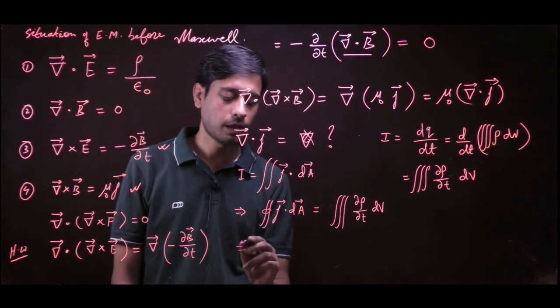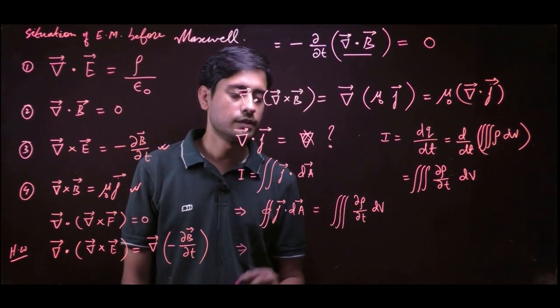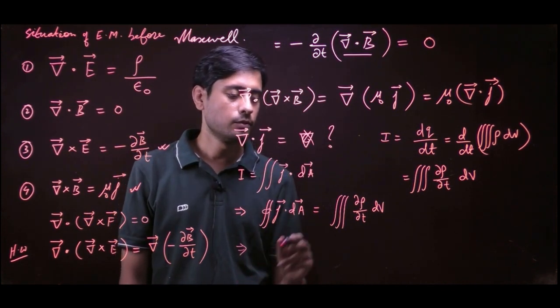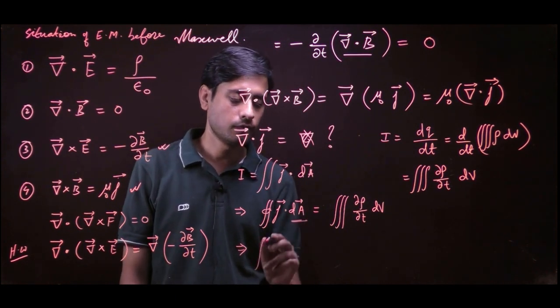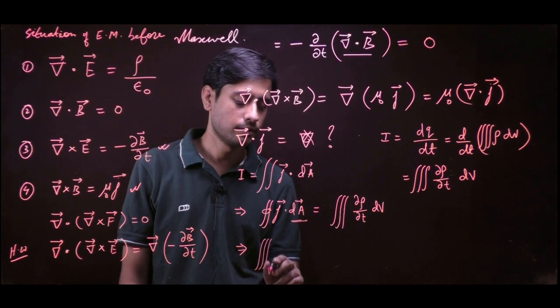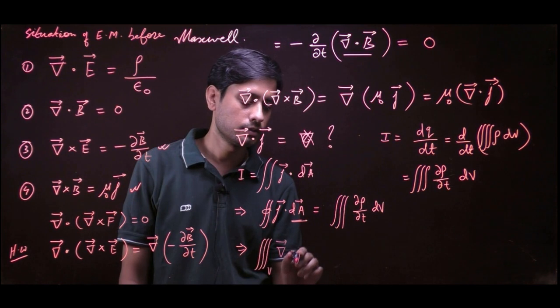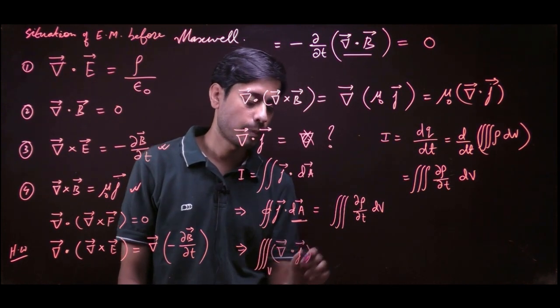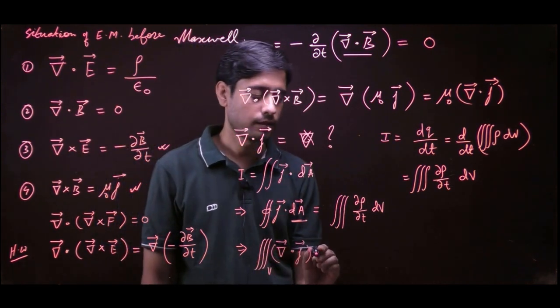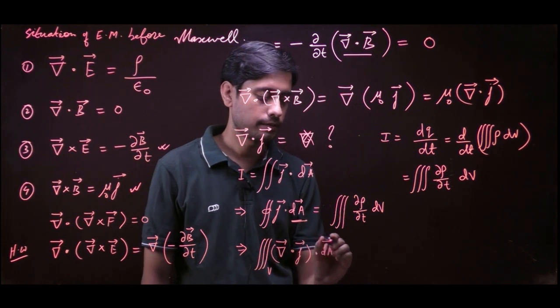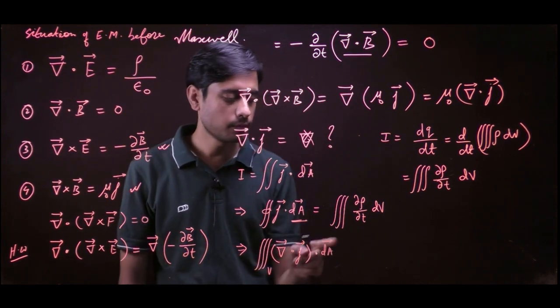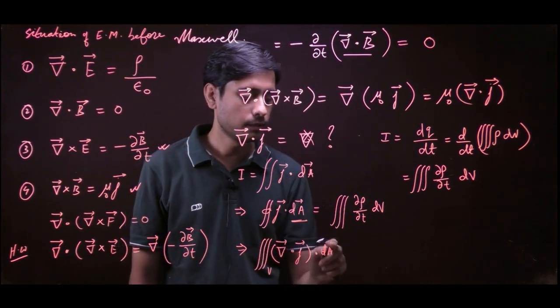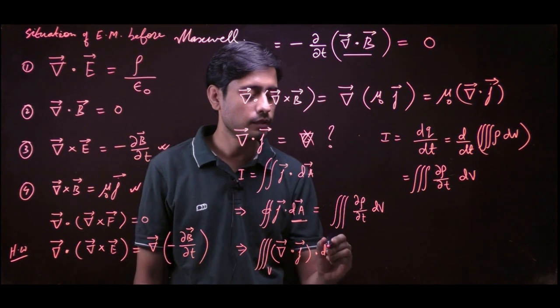Now you can apply the Gauss divergence theorem to convert this dA integral into a volume integral. We will write it as the volume integral of del dot J dV. The dA term goes off and it converts into dV.